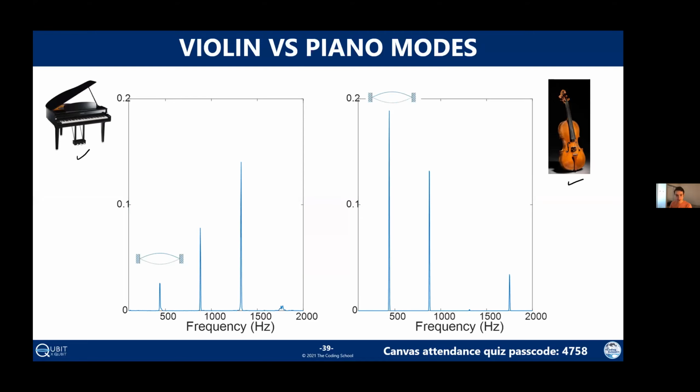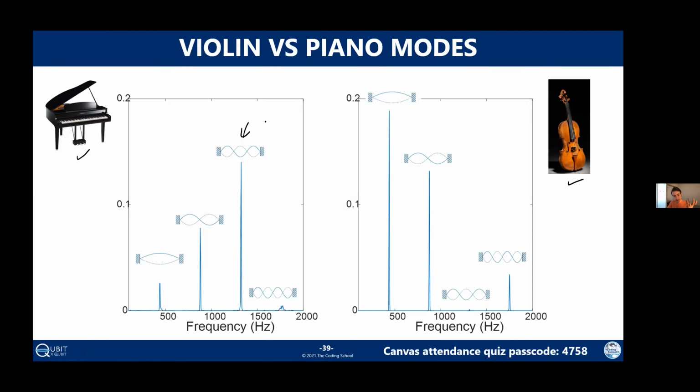What makes these two instruments sound different is all of the higher modes. So it turns out that all of these different spikes here correspond to the second, third, fourth, and there are a few more after this. They correspond to all the different modes. And you can tell by looking at this that, for example, the third mode on the piano is louder than anything else.